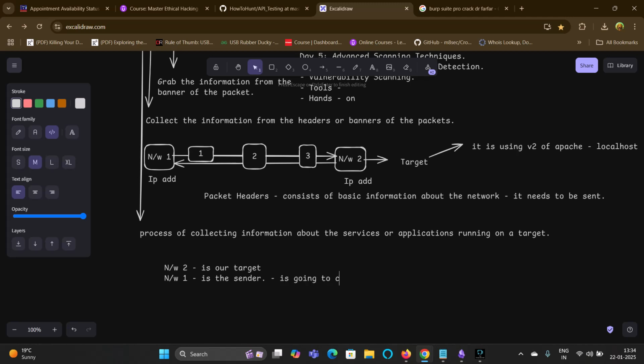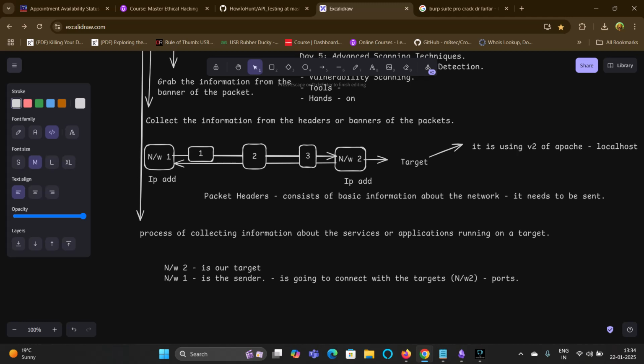It is going to connect with the target, which is our target. Network 2 is our target, so it is going to connect to network 2's ports, whatever ports are there, in order to read the banners or the headers that it is sending back from the services.